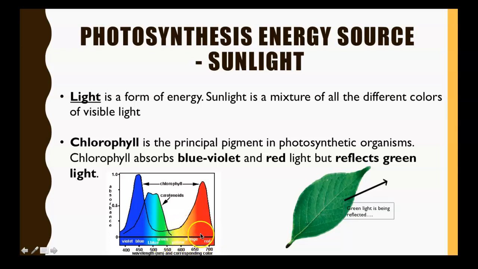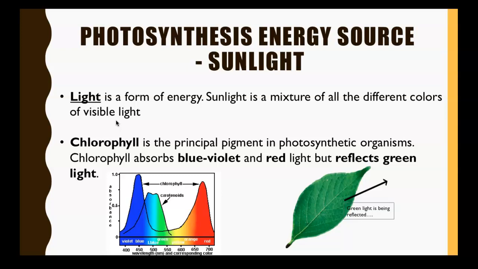So these are all the different wavelengths of light. Okay, and so what we need to understand is that in photosynthetic organisms, chlorophyll is the principal pigment. Okay, so that means chlorophyll is the main pigment found in all photosynthetic organisms, and that's why all plants appear green, is because they have this green pigment called chlorophyll.